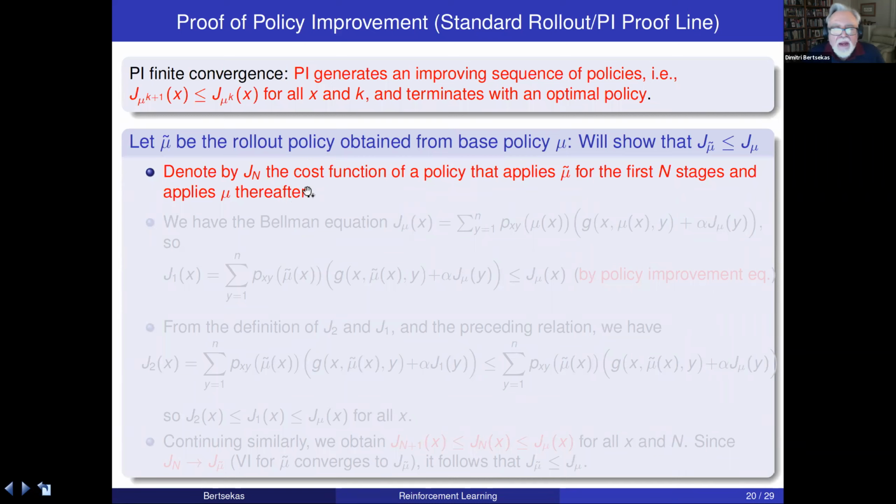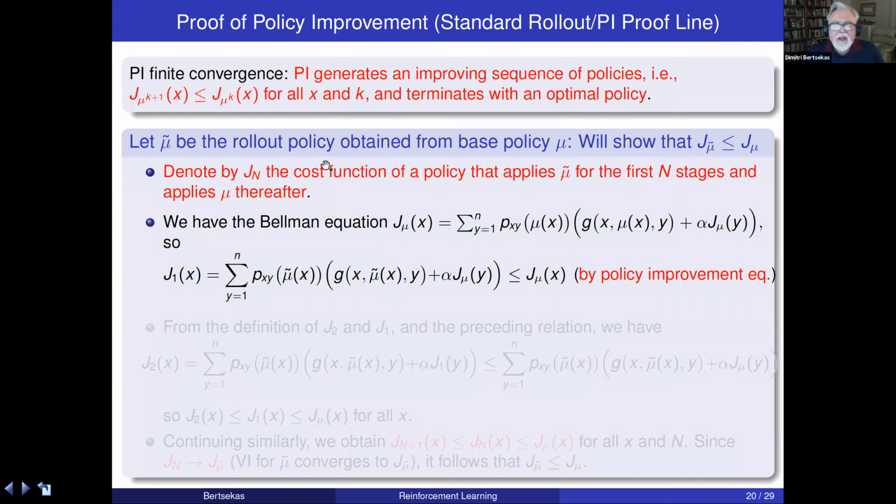Okay? So now we can calculate this J n, by the way, by value iteration, starting from J mu and going backwards for n stages. So mu satisfies this Bellman equation uniquely.